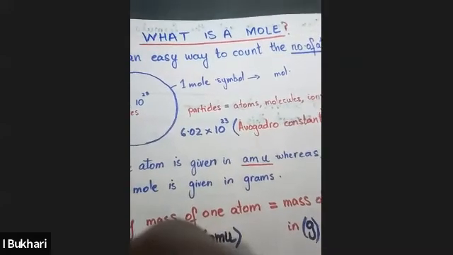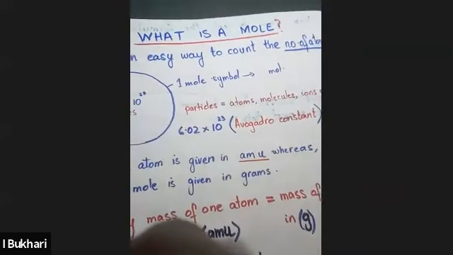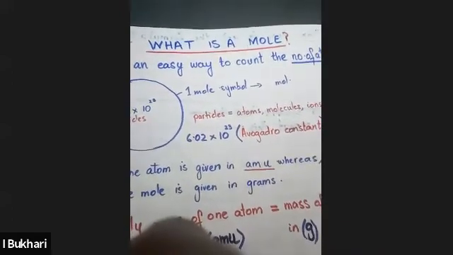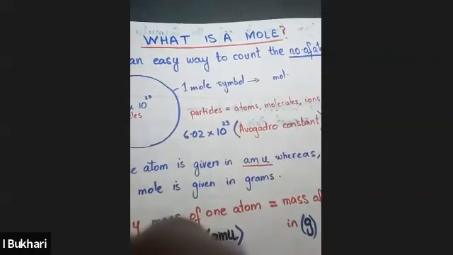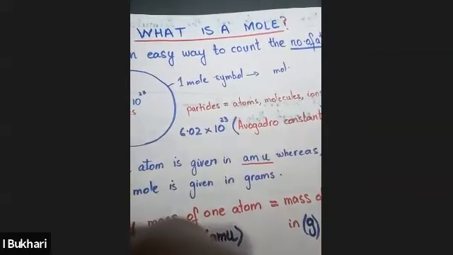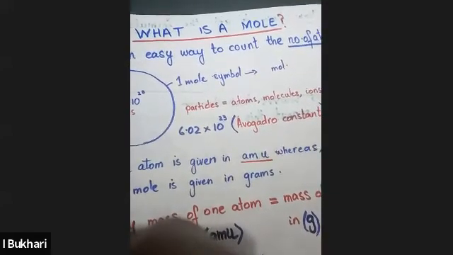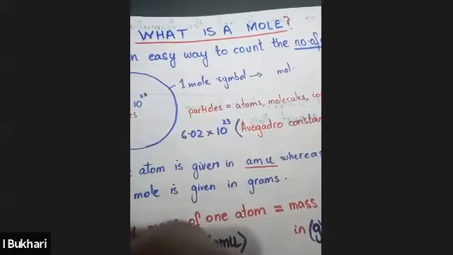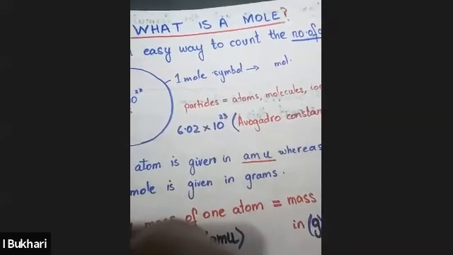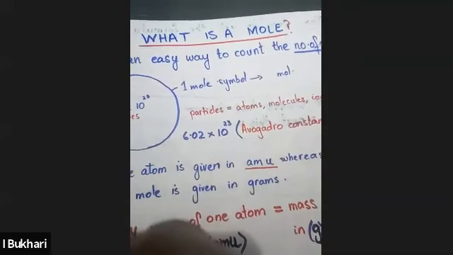How on earth will he count 1 million tiny grains of salt? It's not possible, right? He would say, talk in easy language with me. And then if I say, add 2 tablespoons of salt, that would be easier.